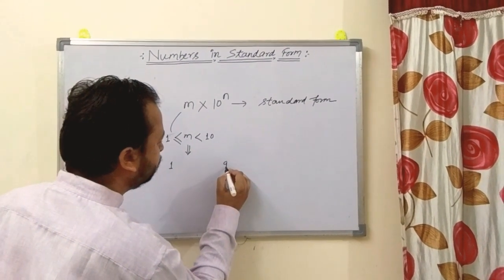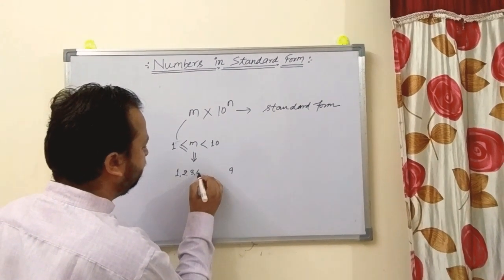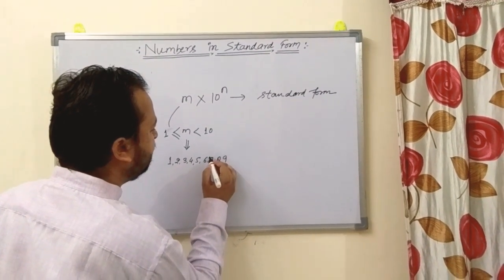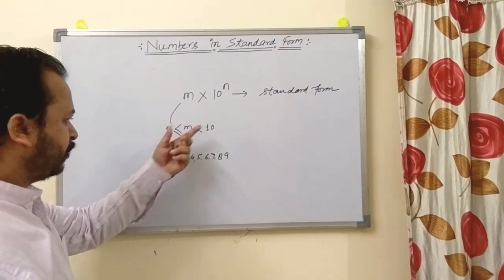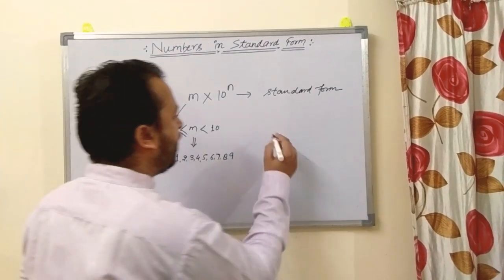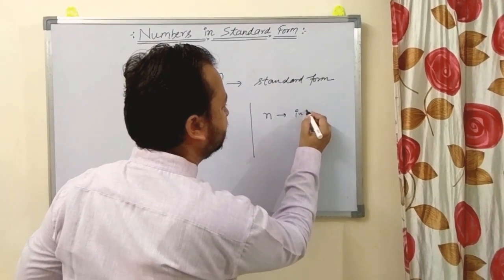1 to 9. 1, 2, 3, 4, 5, 6, 7, 8 and 9. So m is in between 1 to 9 and n is an integer.